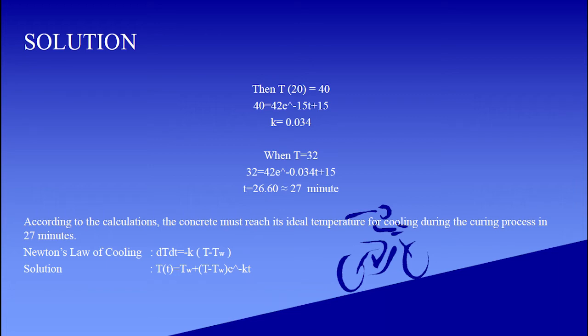Next, we get the temperature difference between concrete and fluid, time and positive constant. According to the calculation, the concrete must reach its ideal temperature for cooling during the curing process in 27 minutes.